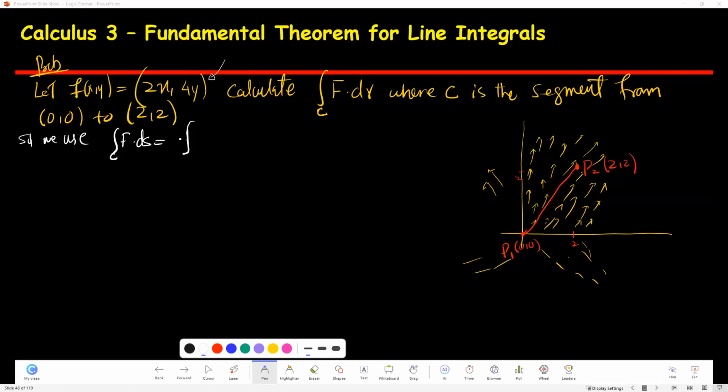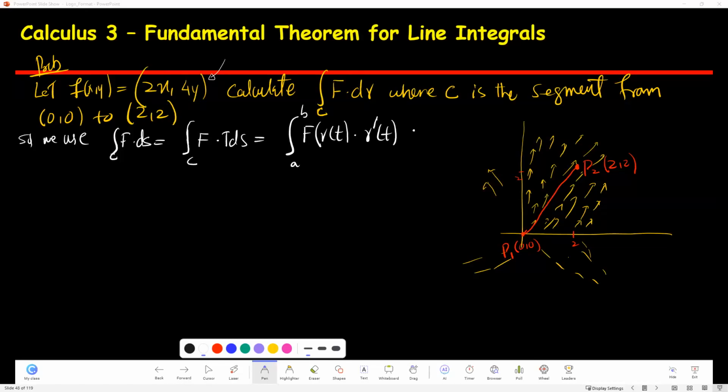So I'm using f ds. If it were a vector function given in vector form, you would just apply f dot dr. So the integral of f ds equals the integral from a to b of f of r of t times r prime of t.